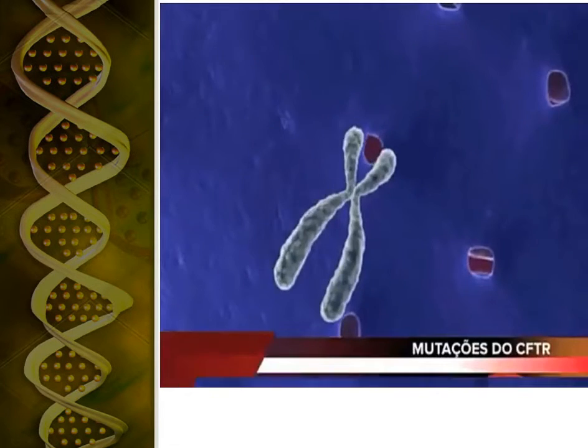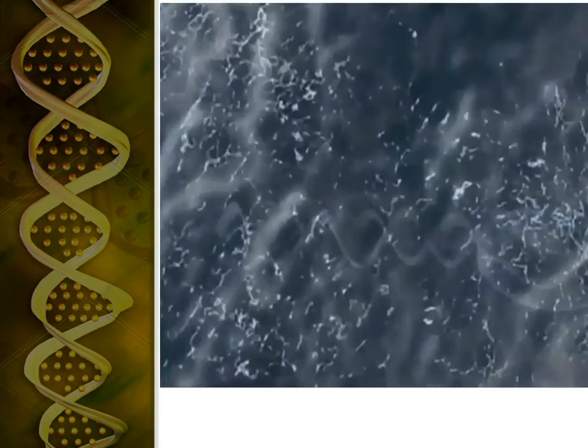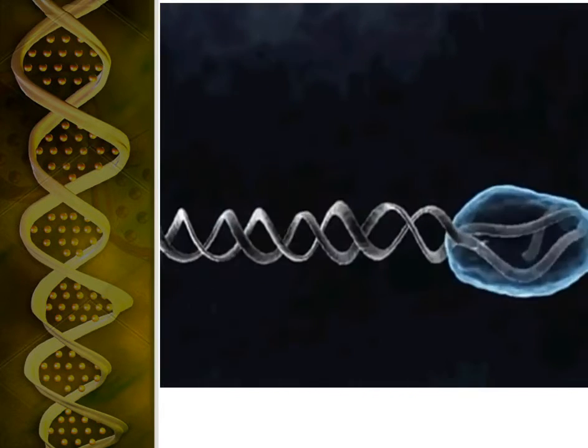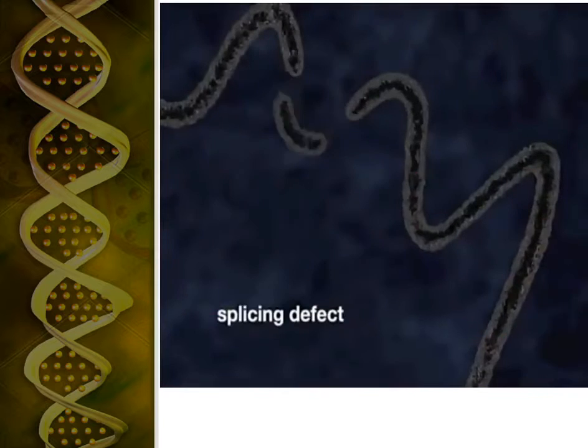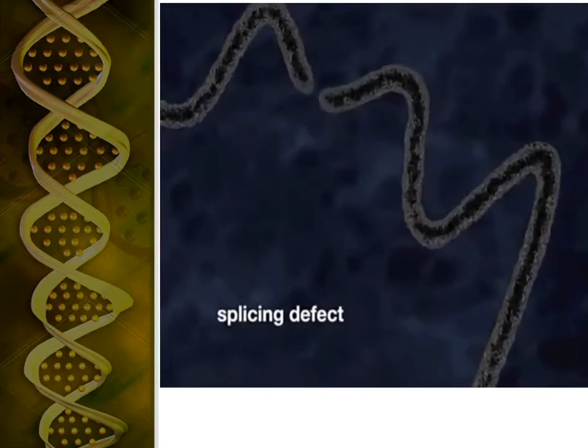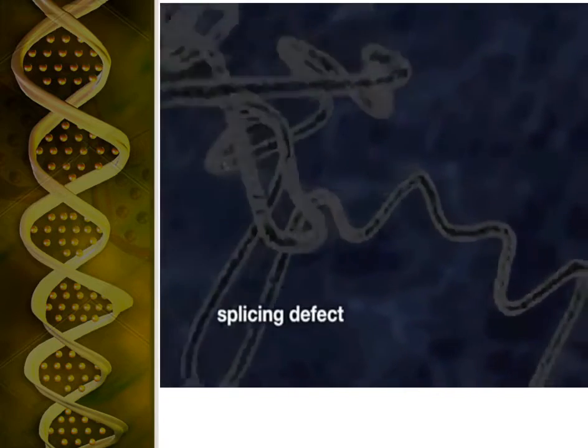Different CFTR mutations cause disruptions at various stages of CFTR protein synthesis or in several aspects of function. Mutations that cause a splicing defect result in CFTR messenger RNA that is not properly processed.